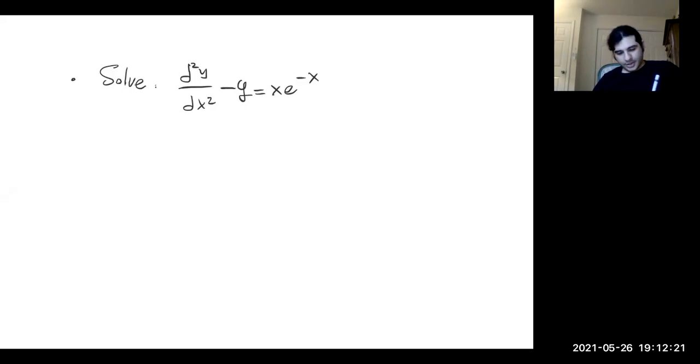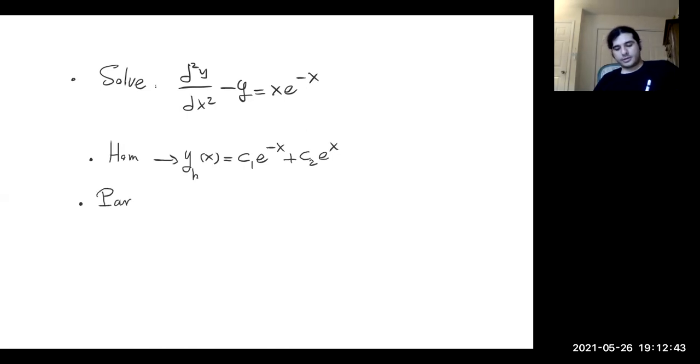As I mentioned, we look at the homogeneous part of the equation, and the solution would be C1 e to the minus x plus C2 e to the x, right? And then I should find a particular solution, yp of x, which should be a first order polynomial, (a1 x plus a naught) e to the minus x.